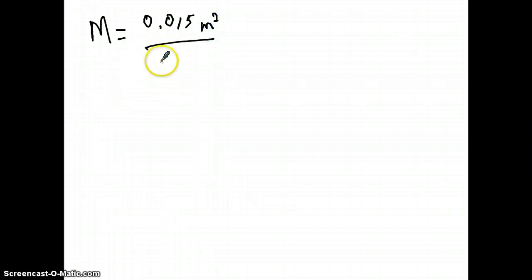So let's write our equation. M is equal to 0.015 m squared over F d to the 4/3. Okay, let's plug in the information that we had. We know the 0.015 coefficient is going to stay there.